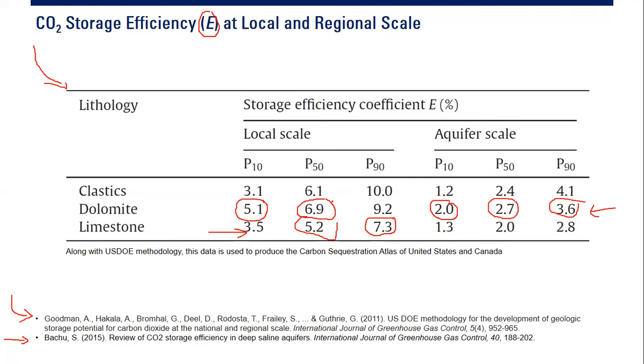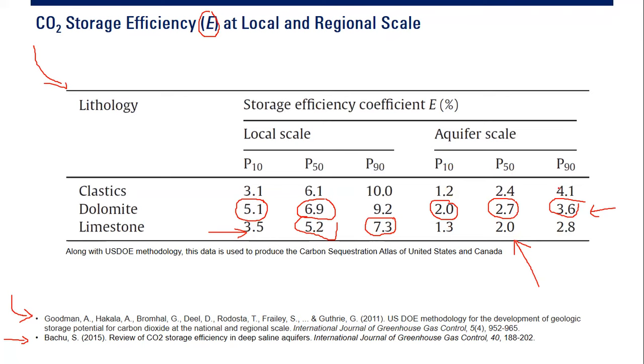Maybe that's also a case that will lower down the storage efficiency, or maybe because of the high level of heterogeneity, perhaps. If you're interested, you can go to this Goodman et al. paper. For the aquifer scale, it's slightly better than the clastic for P10, it's again the third rank, the lowest one for P50 and also for the P90.